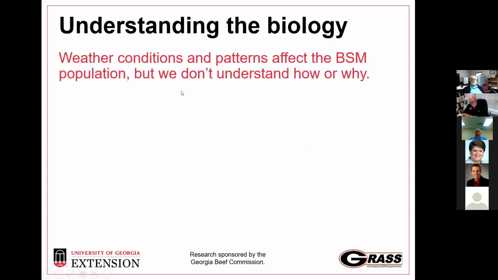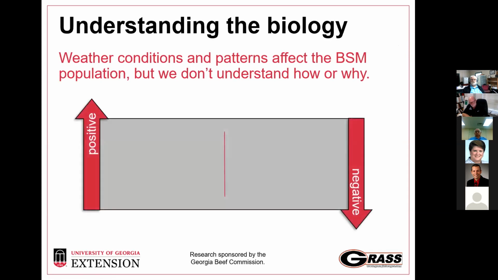So what else influences the damage that results from the presence of stem maggot? We don't always understand exactly why, but we know that relative humidity, rainfall, and undergrazing, maintaining a large canopy, will increase the damage to Bermudagrass.